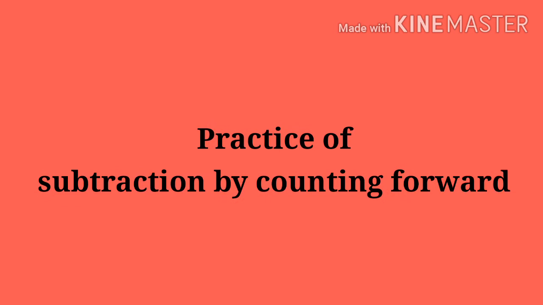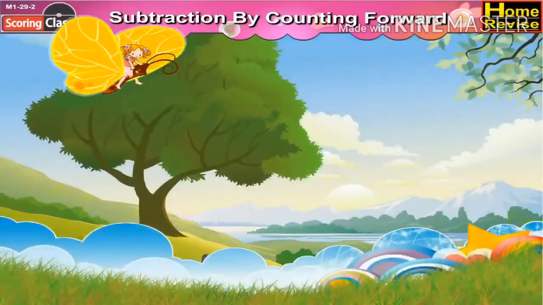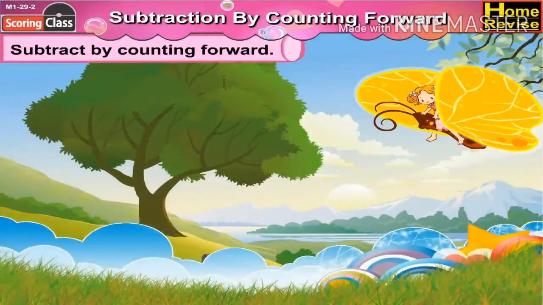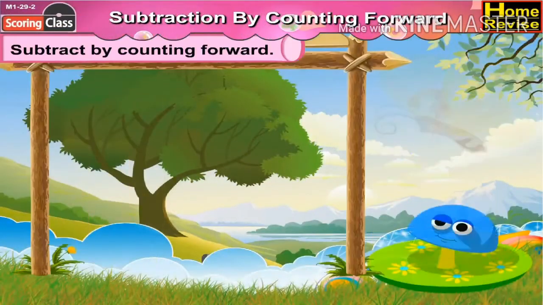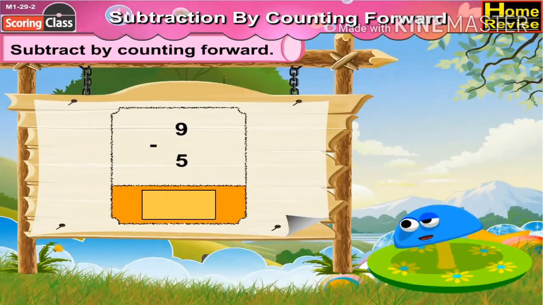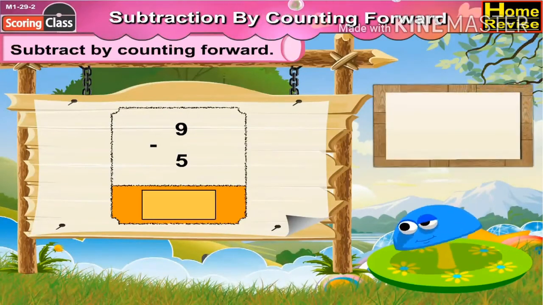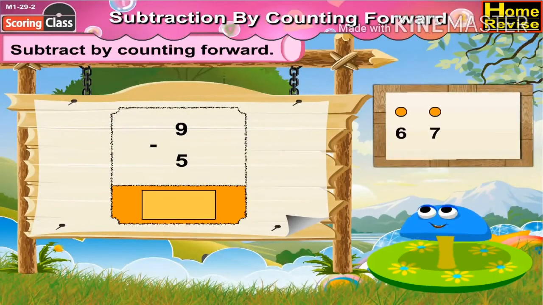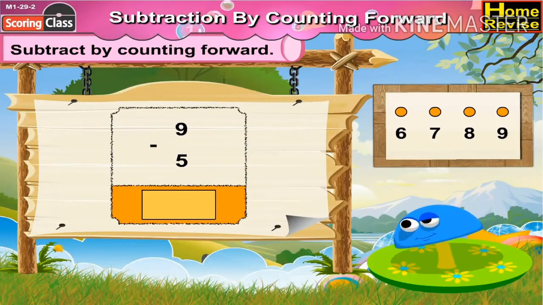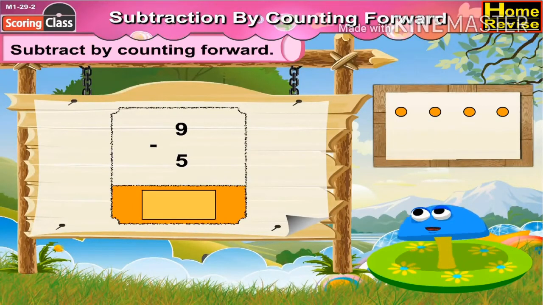Let's do some practice of subtraction by counting forward. Subtract by counting forward. 9 minus 5 is dash. Well, 9 minus 5 would be 6, 7, 8, 9. 4.